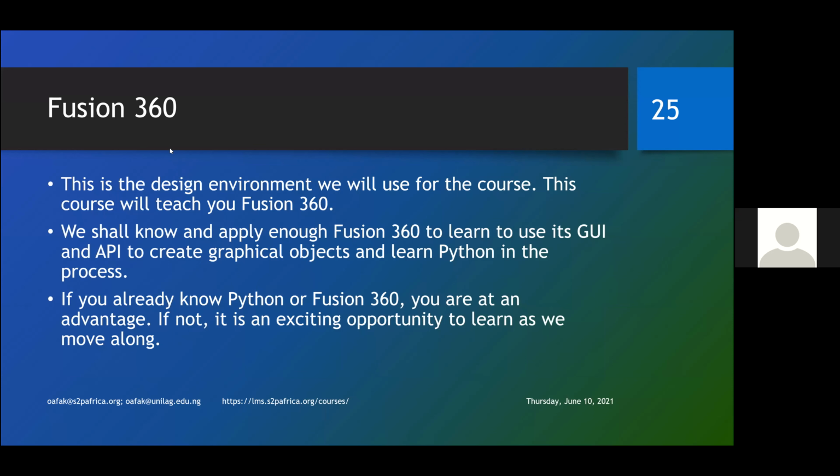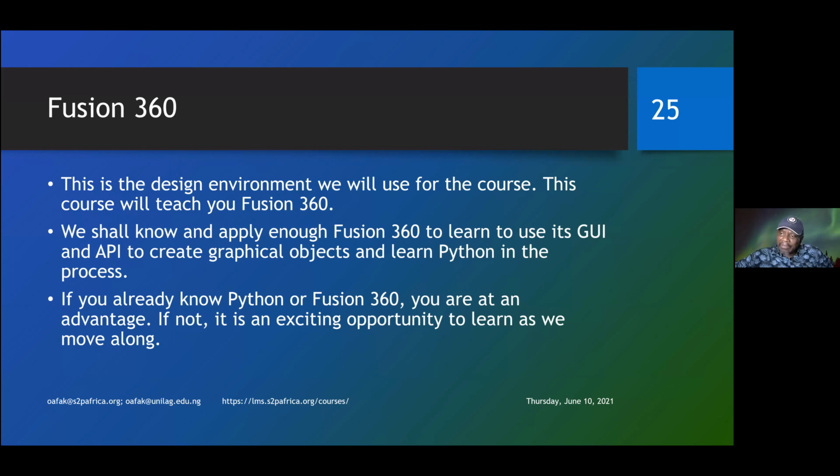Okay. So this is Fusion 360, the design environment we will use for this course. This course will teach you Fusion 360 as a way to do 3D solid modeling. And later on, in later courses, we will teach you how to use the same Fusion 360 to simulate and animate.